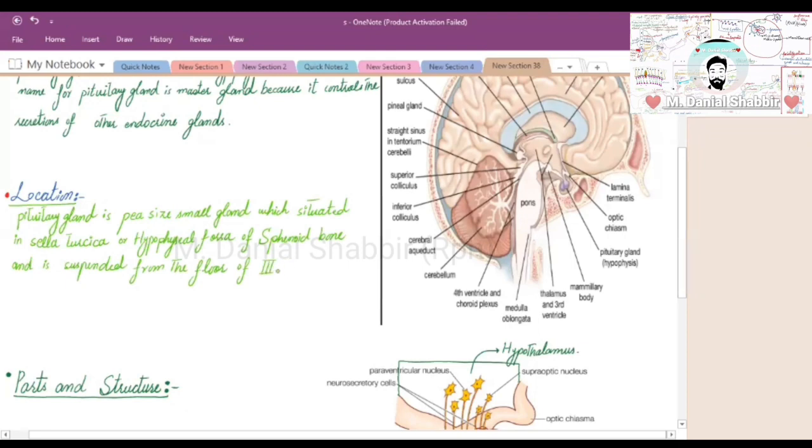What is meant by the third ventricle, I am going to tell you later on, right?